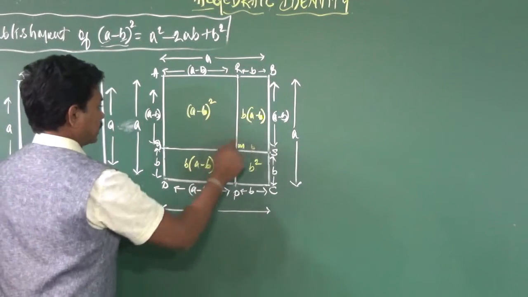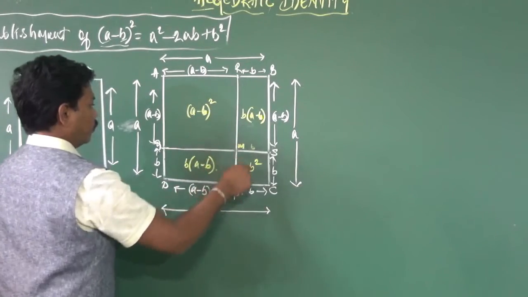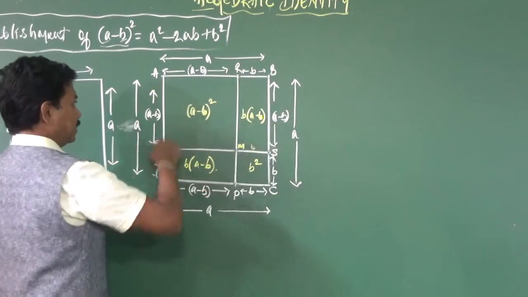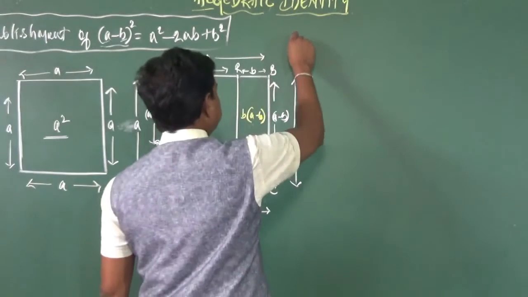So these two are the rectangles and these two are the squares. When we add the areas of all the four polygons, we get the area of the square ABCD. Let us write that.